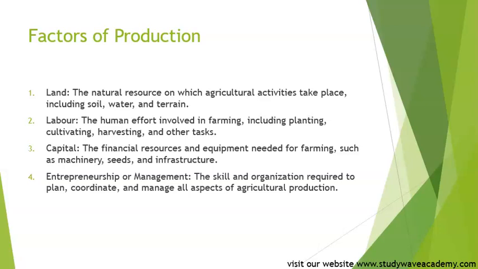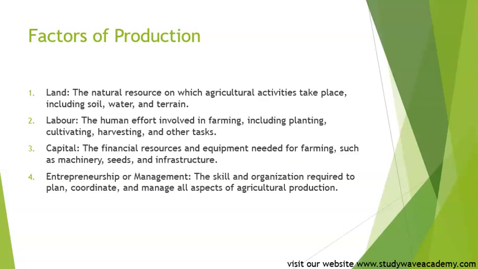Capital includes things like tractors, plows, and other machines that can make farming faster and easier. Money is also needed to buy seeds, fertilizers, and pesticides to grow crops, and to buy animals like cows or chickens for your farm.